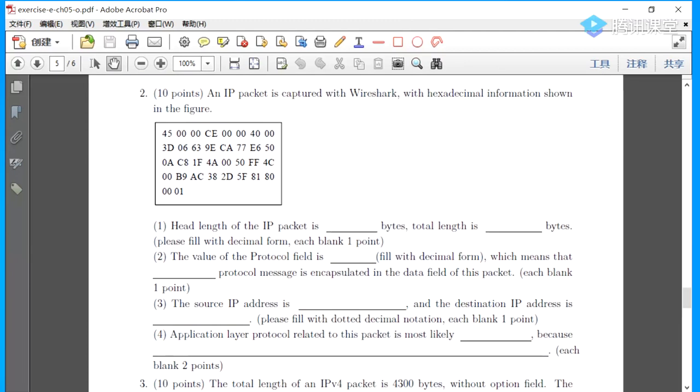Then you can finish these questions by yourself. Okay. Can you determine the value of these blanks? You can use the same method.